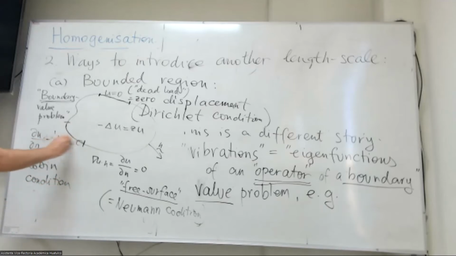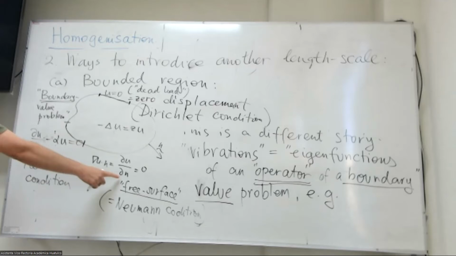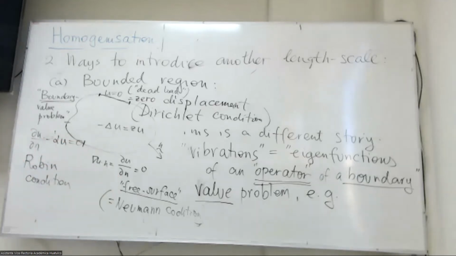Okay, so this is 0. Alpha is just some constant parameter, and you get this condition if alpha is 0, and you get that condition if alpha is infinity. So if I divide by alpha, and I set 1 over alpha to 0.